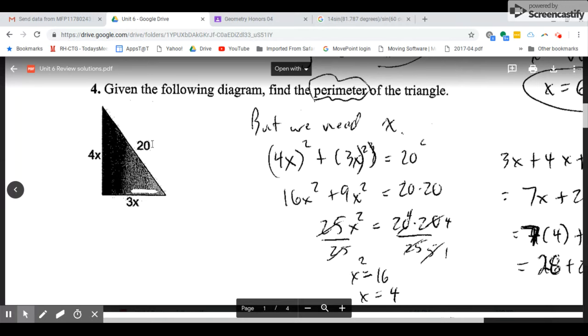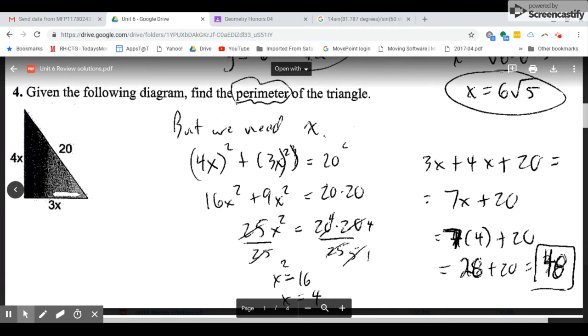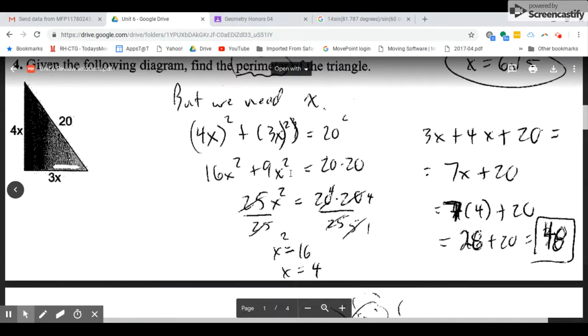So 5x equals 20, x equals 4. That's a lot easier than finding x using the Pythagorean theorem. Once you find 4, you need to add all the sides together to get the perimeter, and we get 48. The 4 is being multiplied by the 4 here and the 3 here, or by 7, because 4 plus 3 is 7.